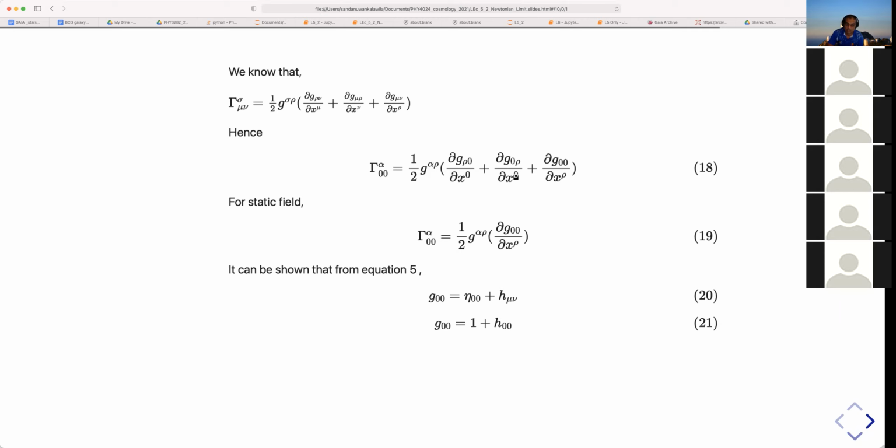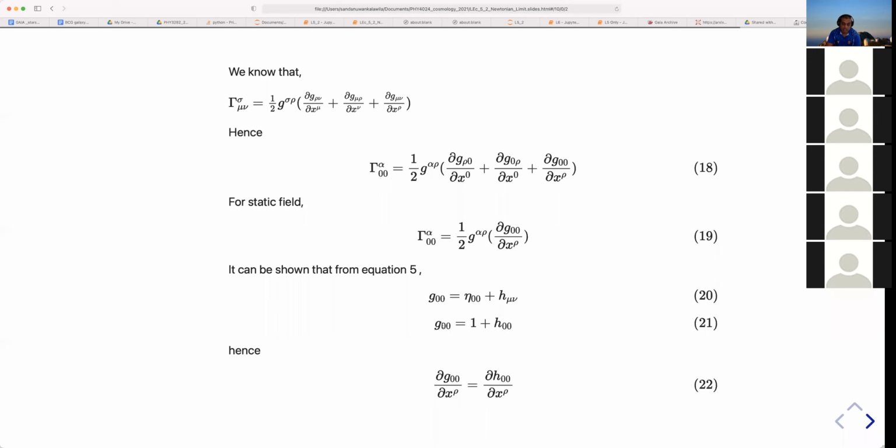Now for the g00 term, once again, you can write it in this way, and we have discussed this before. This is based on equation 5. You can see that g00 equals eta 00 plus h mu nu, and h mu nu is again the h00 term.